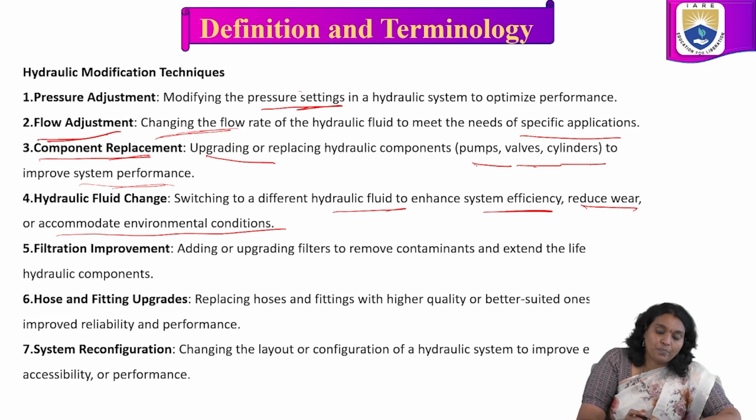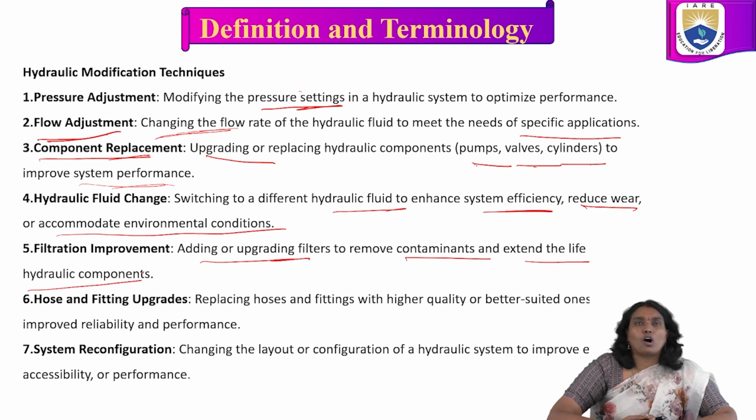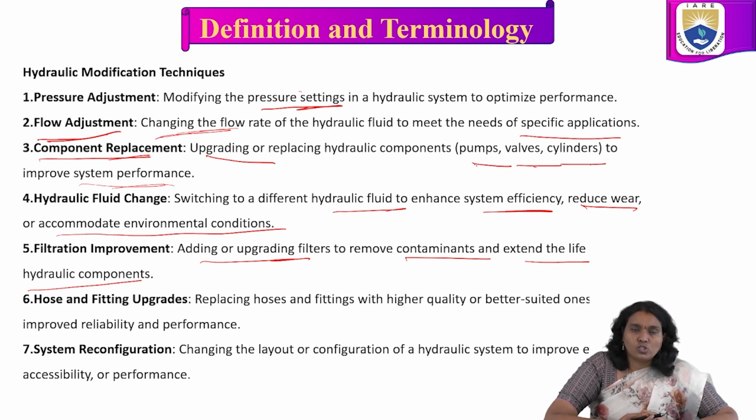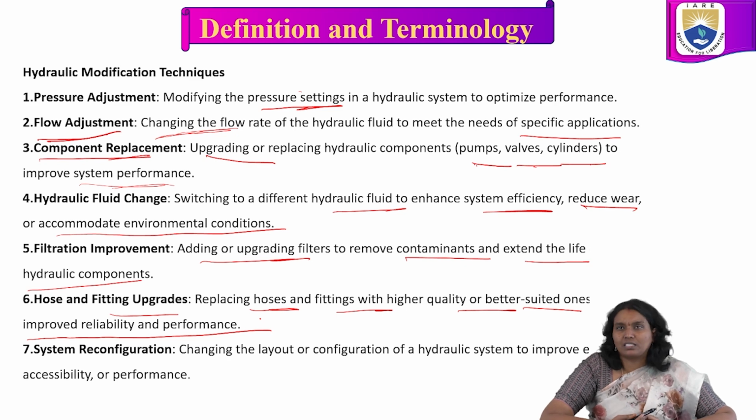Filtration improvement is adding or upgrading filters to remove contaminants and extend the life of hydraulic components. Hose and fitting upgrades mean replacing hoses and fittings with higher quality or better suited ones for improved reliability and performance.